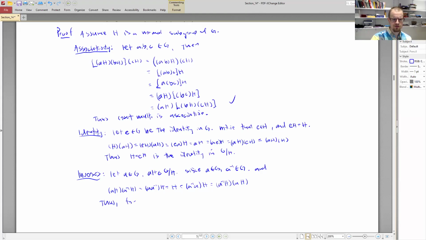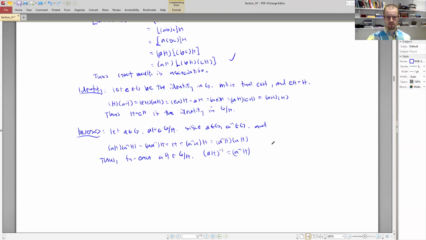Thus, for each AH in G mod H, its inverse, which should be written in this way, is A inverse H. That is, it contains inverses.